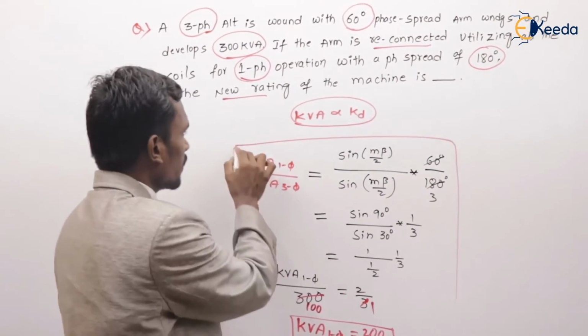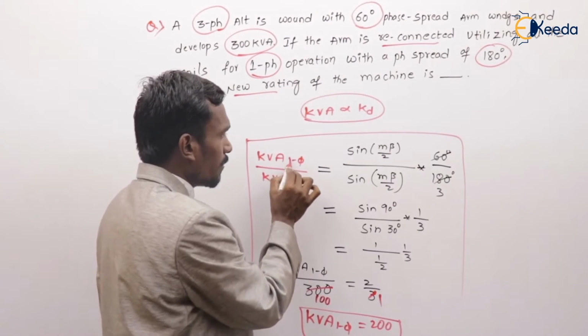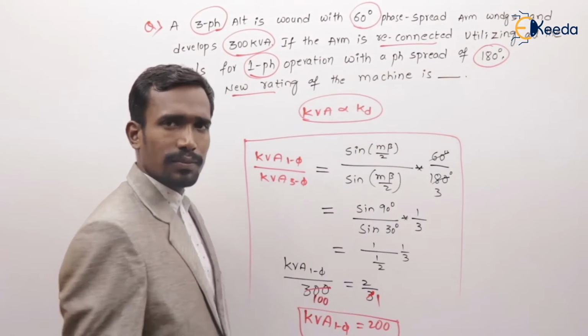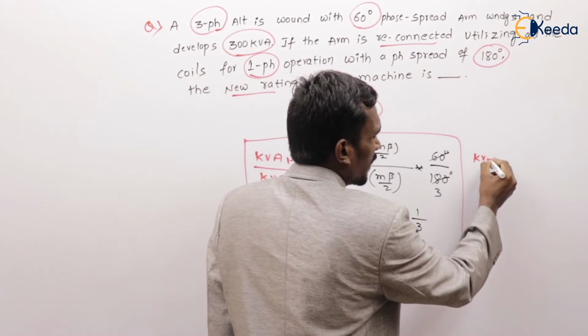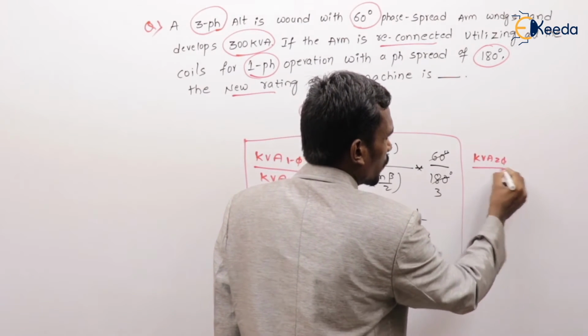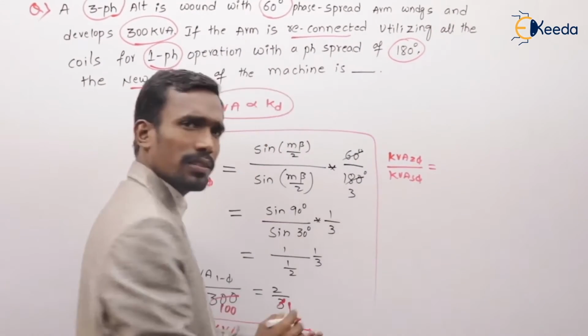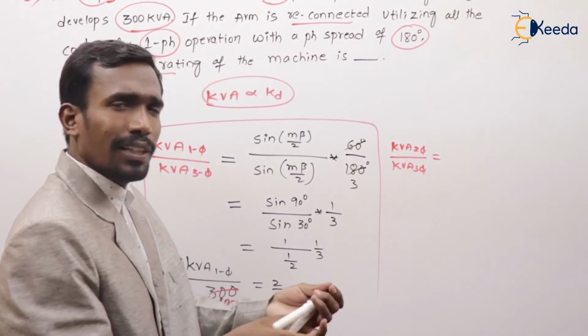Here, the main thing you have to remember is the ratio of kVA single phase to kVA three phase, we can write this line. For example, if they ask you the kVA two phase to the kVA three phase, tell me how you can perform these calculations.